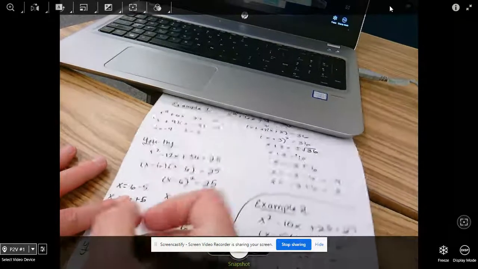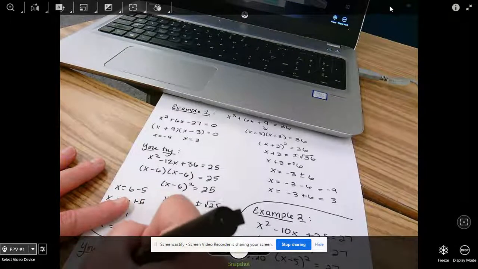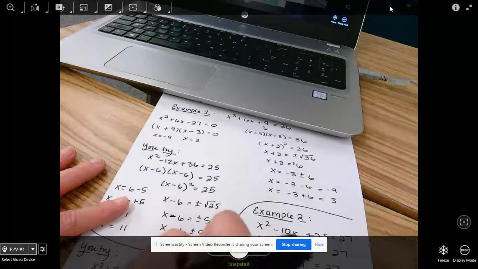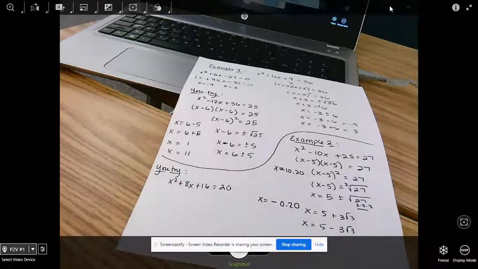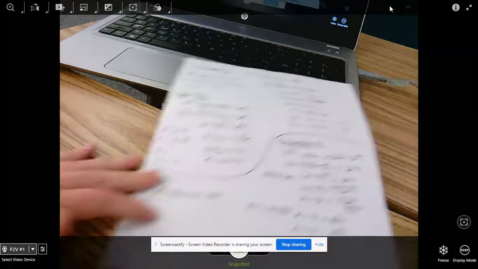So I want you to try now using the same process. X squared plus 8x plus 16 equals 20. Okay. I want you to pause the video, try it on your own, and then play it back.